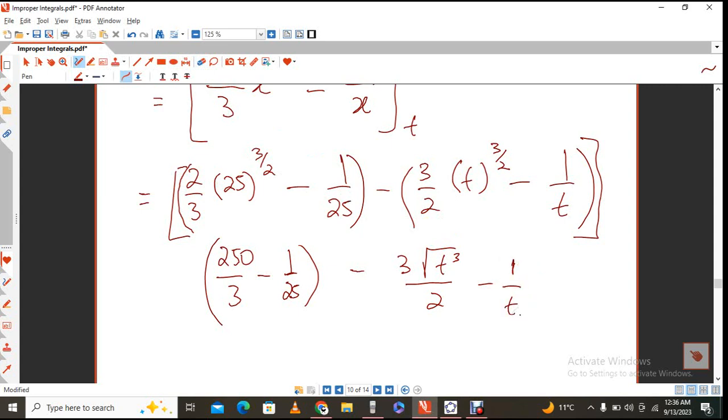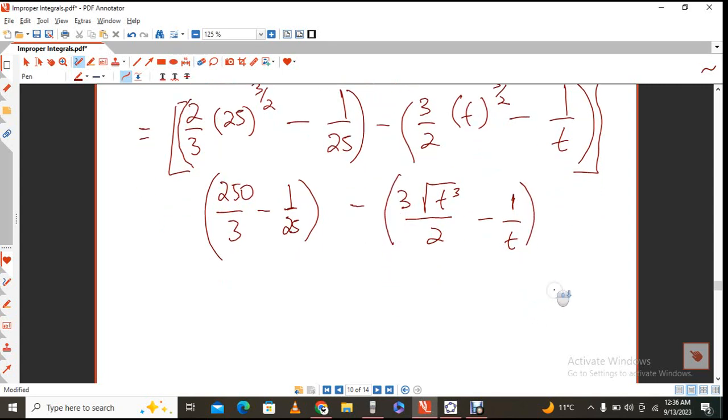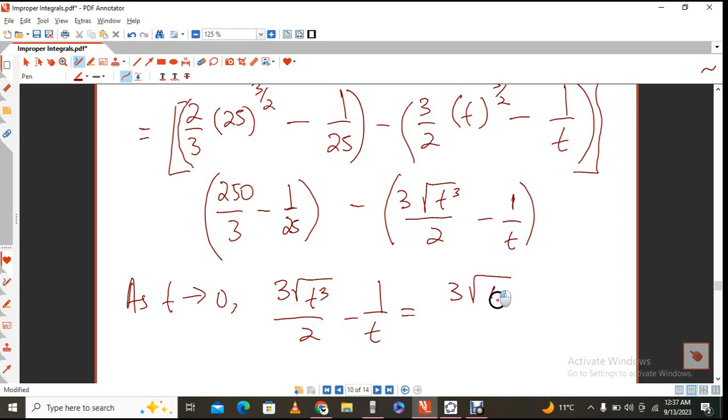All right, now this is a rather interesting story over here. Of course you can go ahead and say as t tends to 0, because 0 was where the function is undefined, you would realize that if you were to substitute it over here, this part with the t's is fine, but here is the problem.